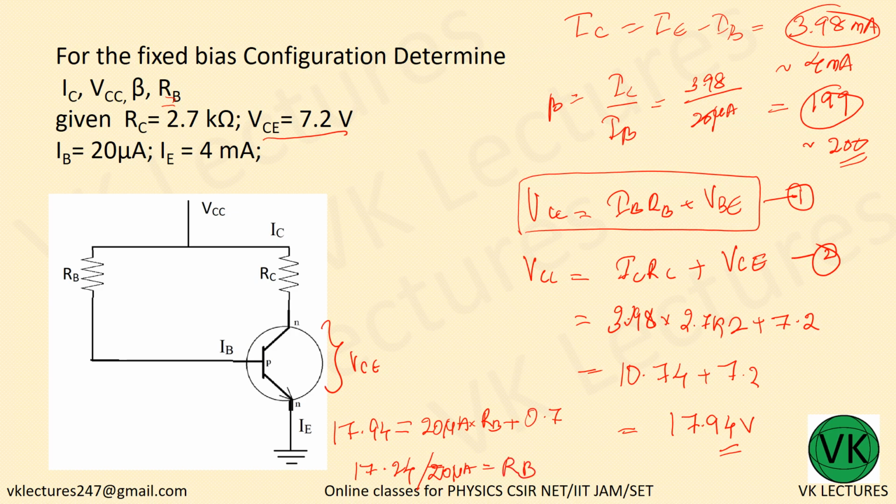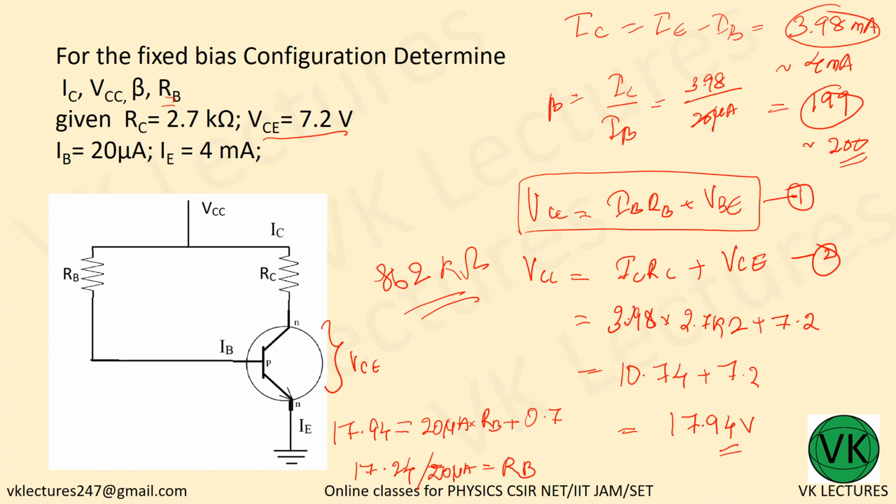So what is RB? 17.24 by 20, that is 862 kilo ohm. Sorry, micro will come. 862 kilo. So you got RB, beta, VCC and IC.